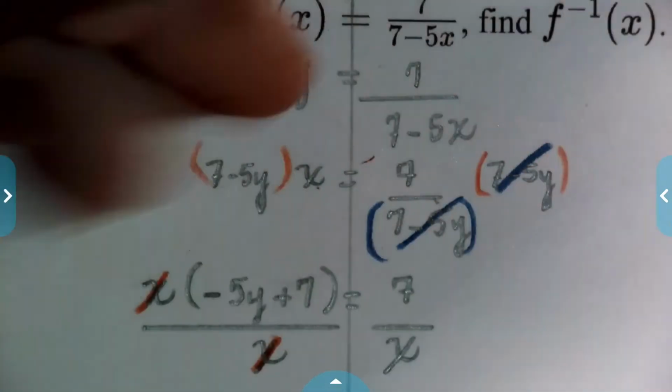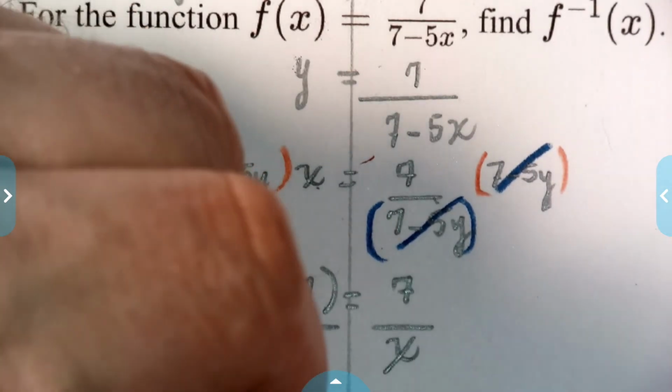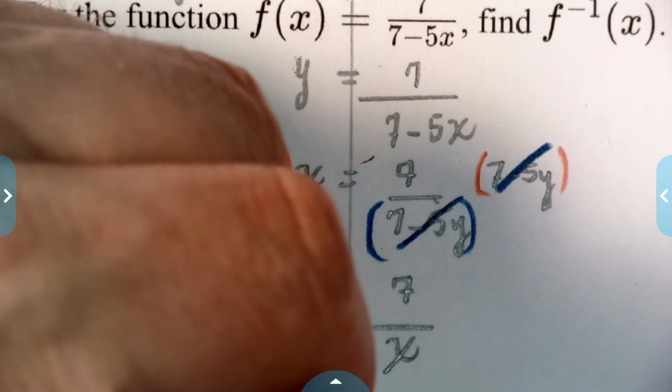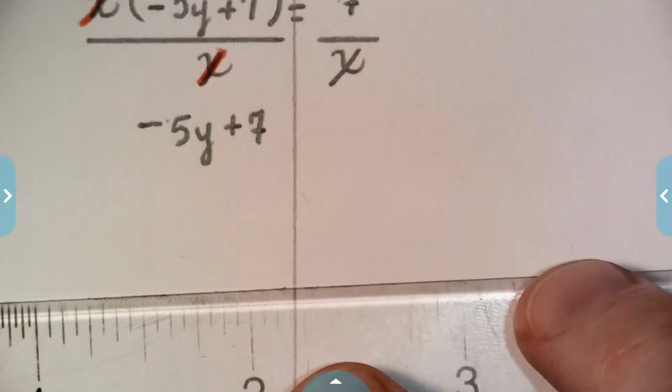And so now I've got negative 5y plus 7 equals 7 over x.